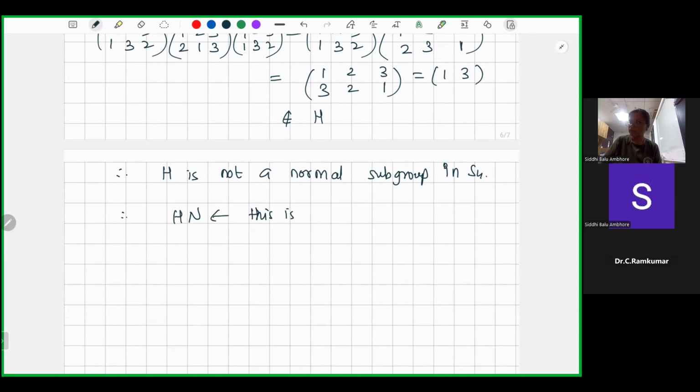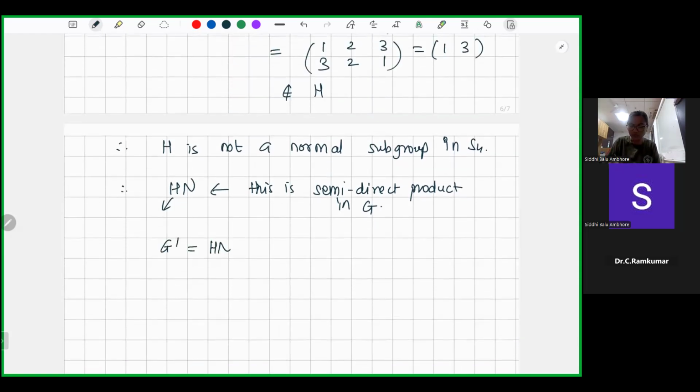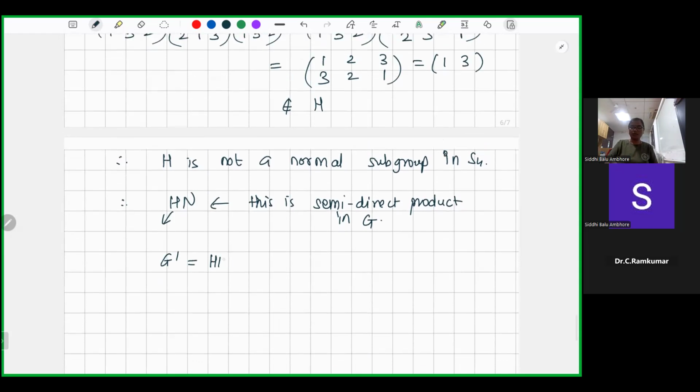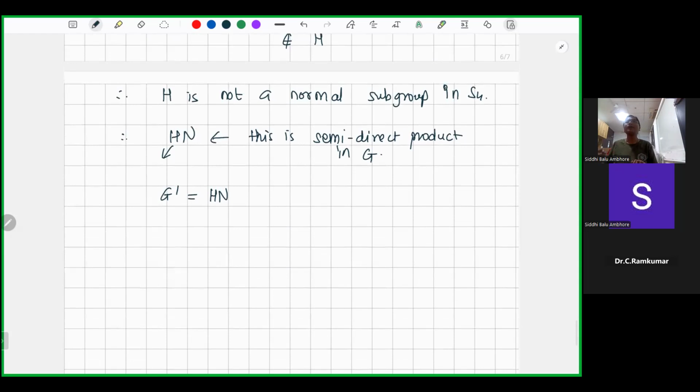So if I take this HN, this is a semi-direct product in G. Now we have to check the product form. If I call this G', which is the product of these normal and non-normal subgroups, we have to check whether this is cyclic or not.